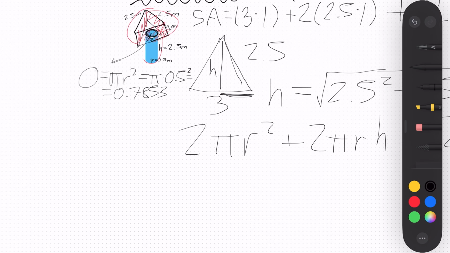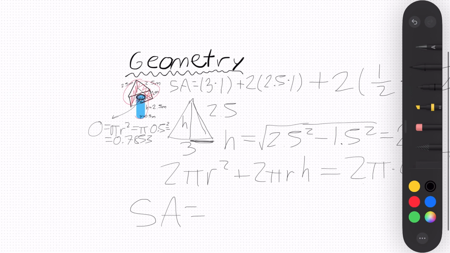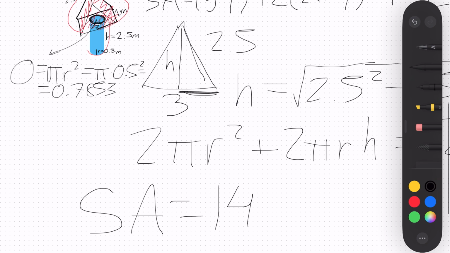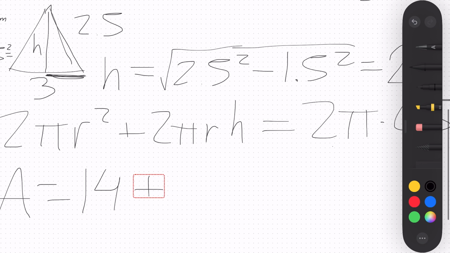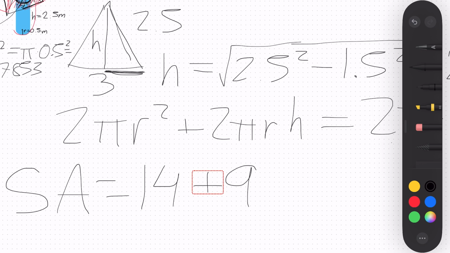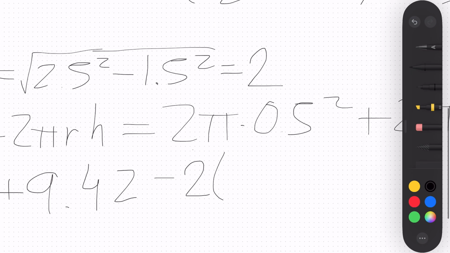So to do this, we know that our surface area is going to be equal to the area of our triangular prism, which is 14, plus the area of our cylinder, which is 9.42, minus, this is very important, 2 times our answer that we got, 0.7853.